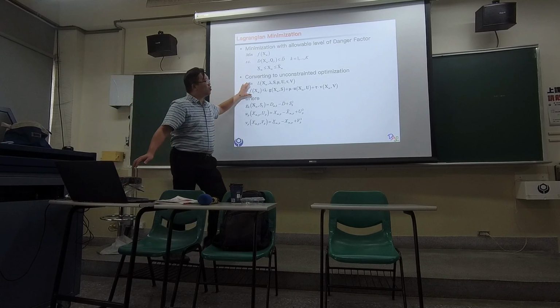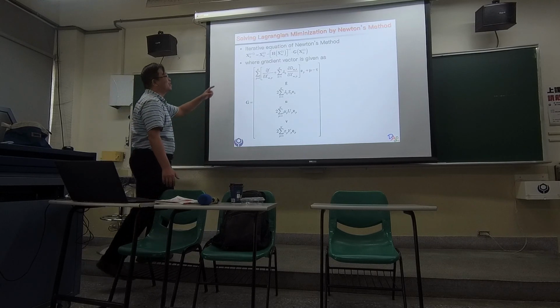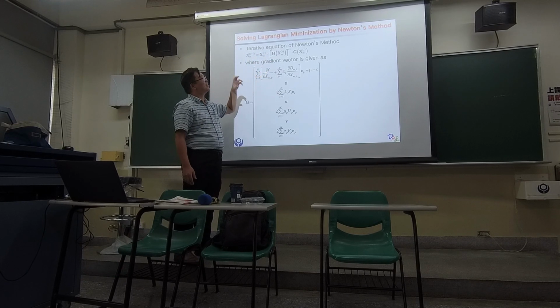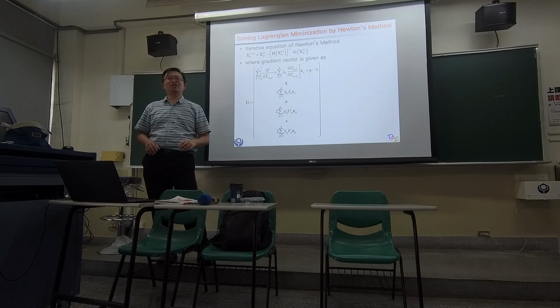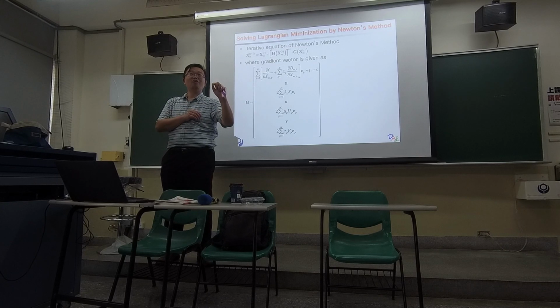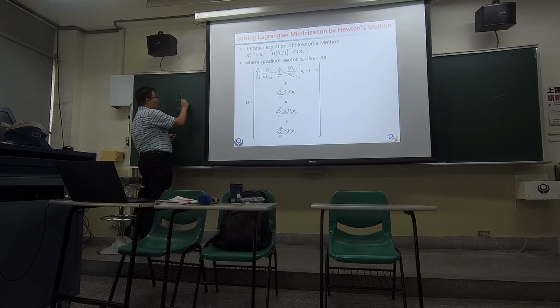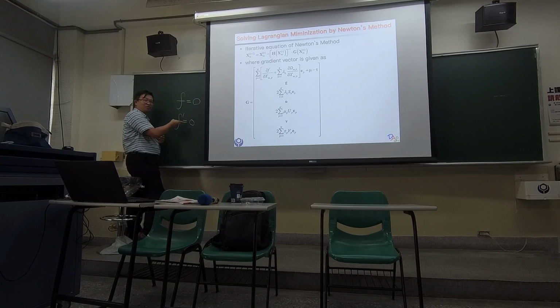Once you have a single auxiliary function like this, then there is a famous method called Newton's method. Newton's method helps you find the minimum. Whatever Newton's method you have learned probably is to find the root. 求根, like finding the root of the function, right? Usually Newton's method tells you where you have f equal to 0, right? But in optimization, we try to find where the derivative equals 0.